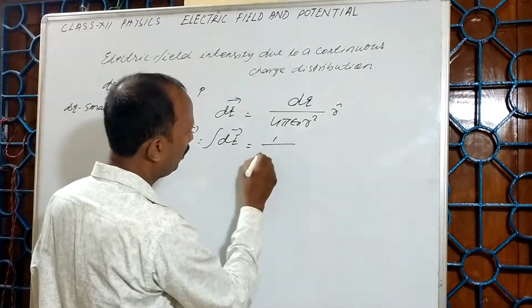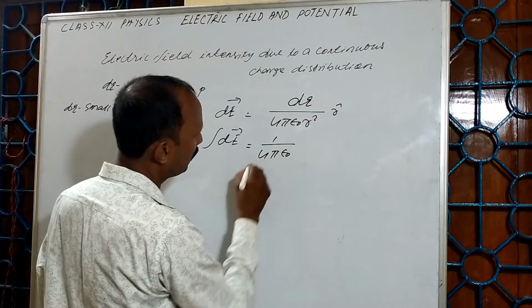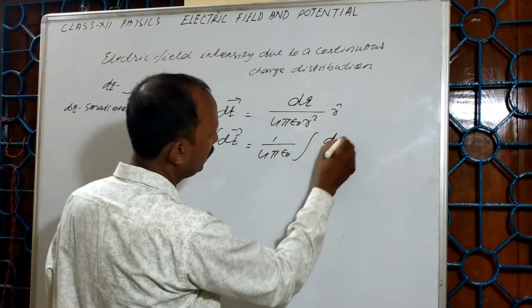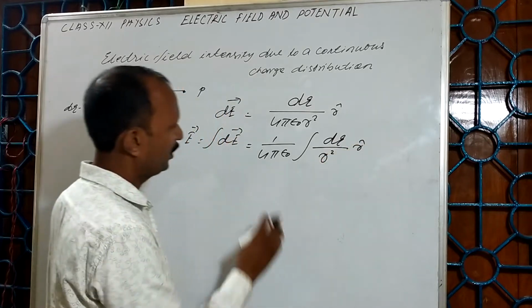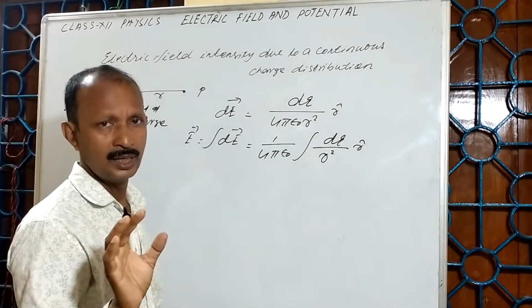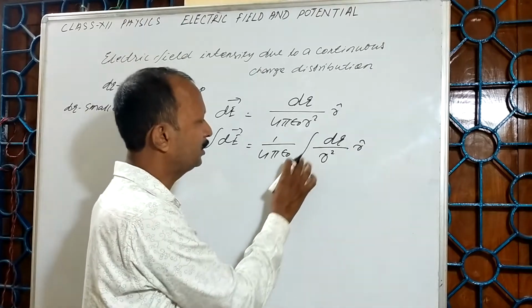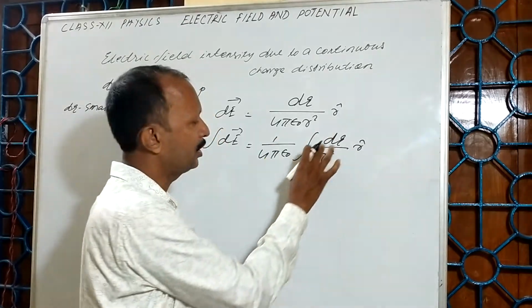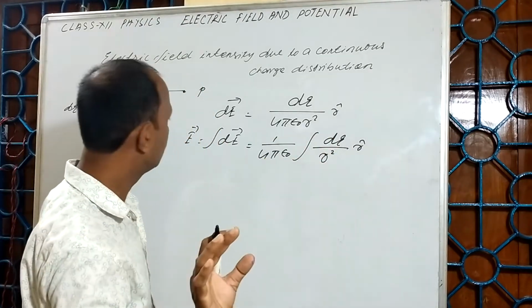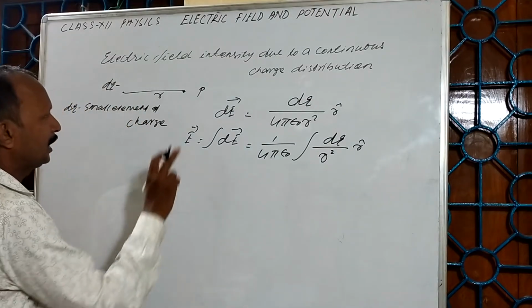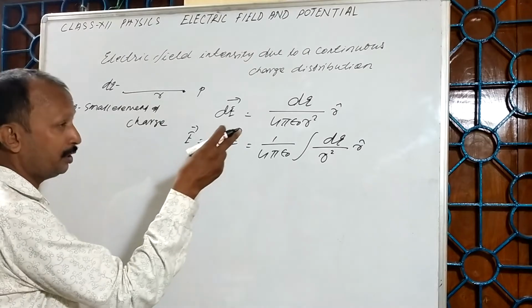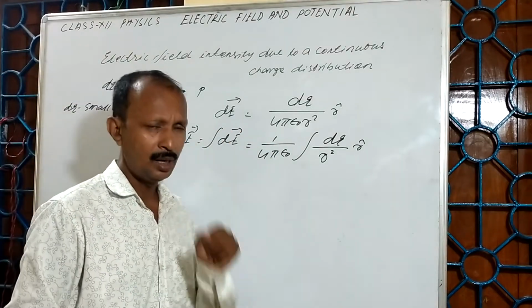It will be 1 upon 4 pi epsilon naught integral of dq upon r square, because 1 upon 4 pi epsilon naught is a universal constant, so we take the integration of the factor dq by r square. So this is the electric field intensity due to a continuous charge distribution.